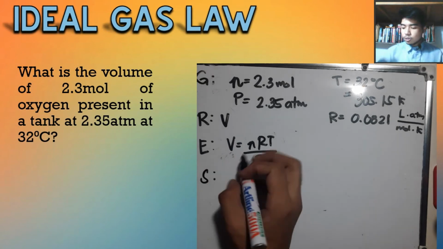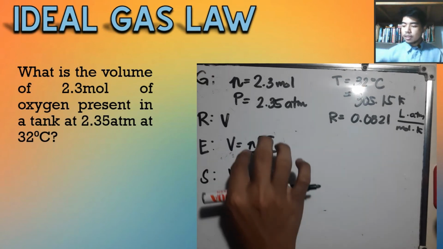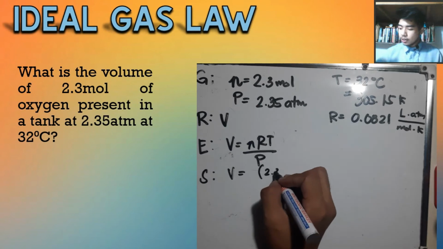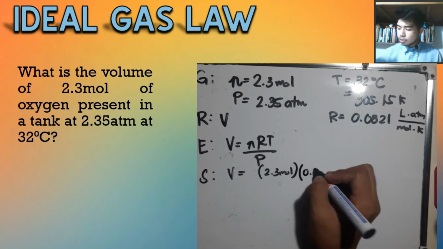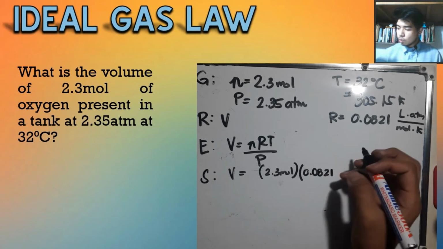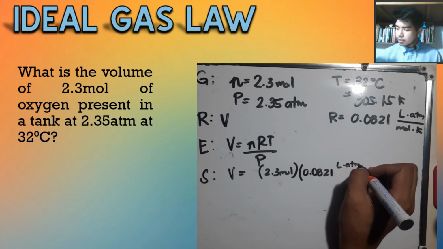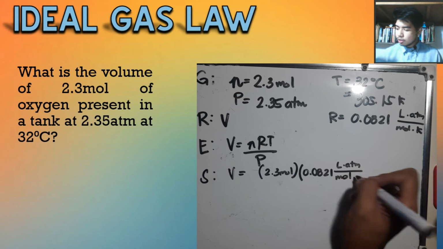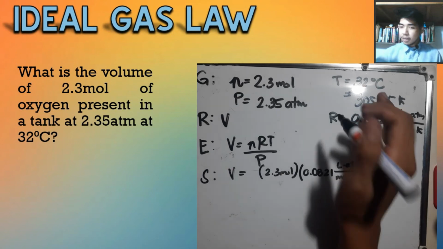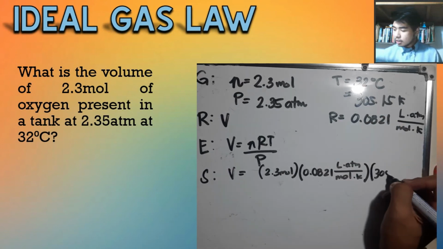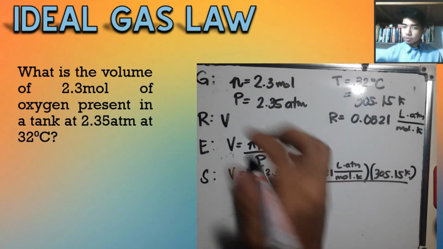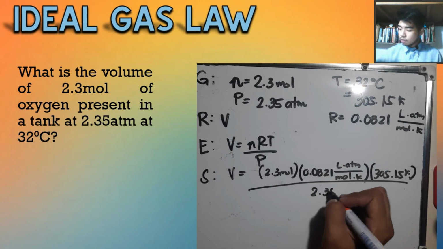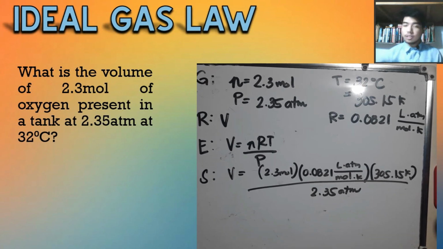Now, for our solution, volume is equivalent to n, which is 2.3 moles, times R, 0.0821 liter atmosphere over mole times Kelvin, times temperature, 305.15 Kelvin, over pressure, which is 2.35 atmospheres.